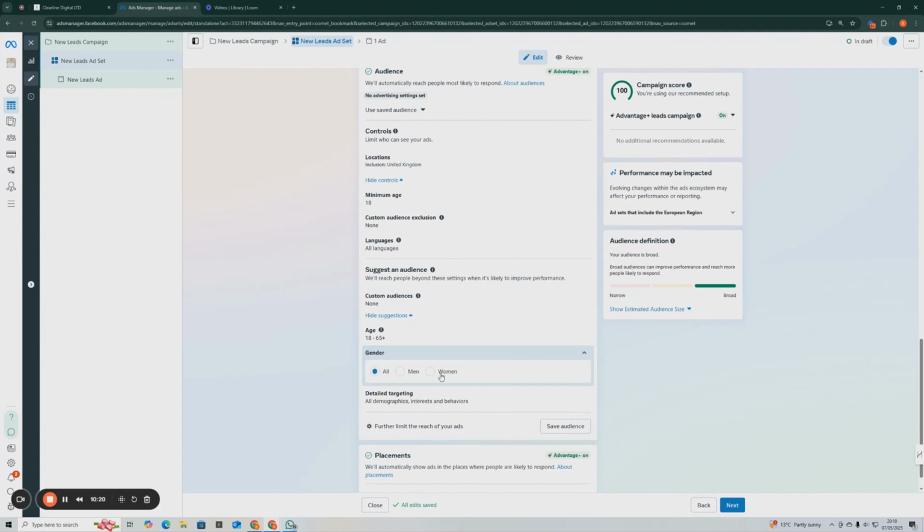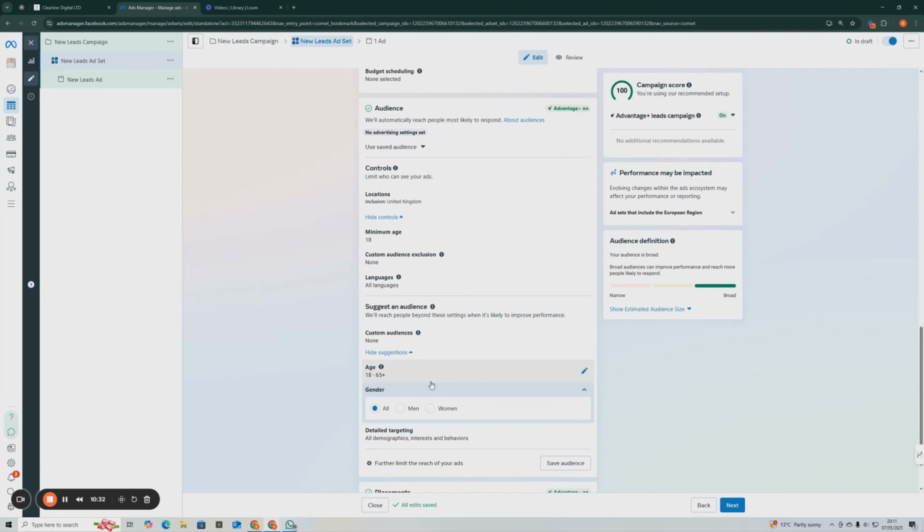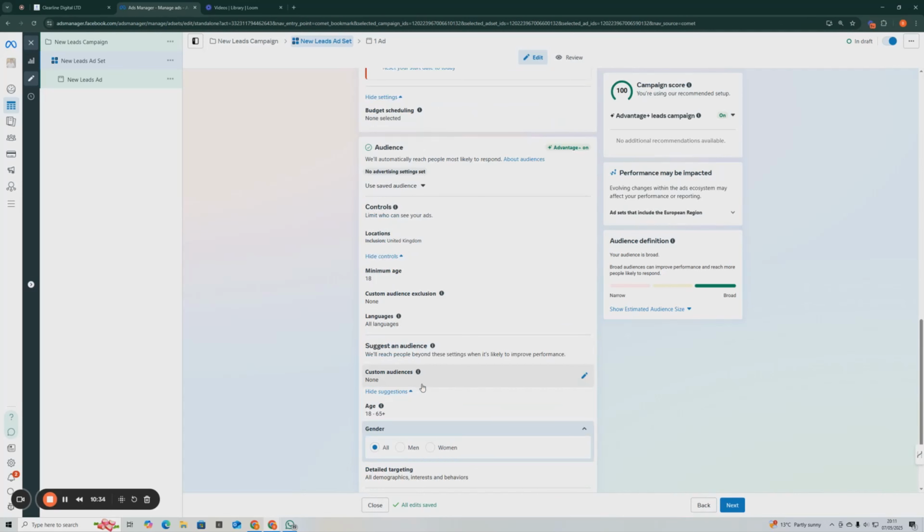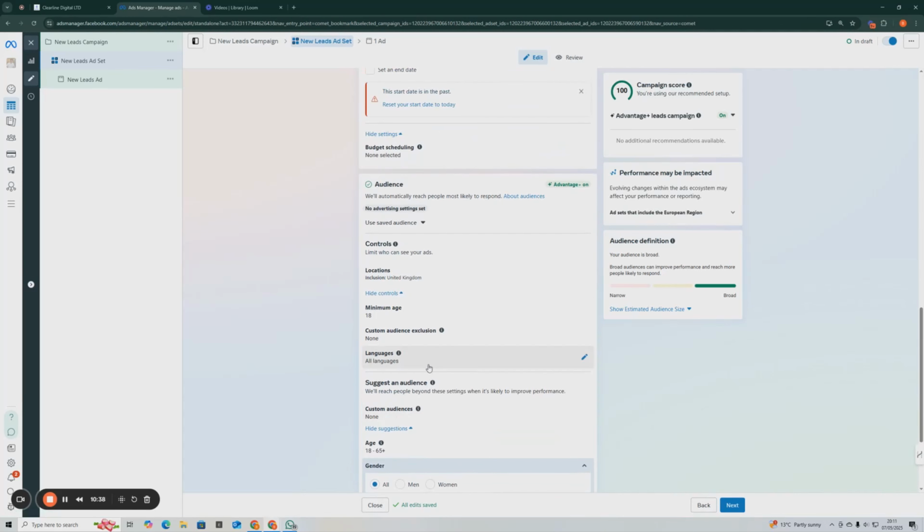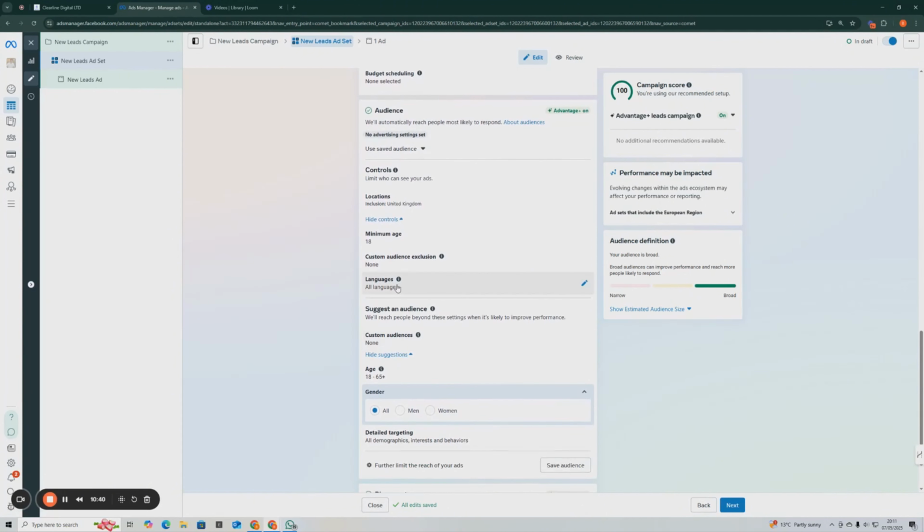For home improvements, generally we find women are the more motivated person to fill in forms, but still about 25-30% of submissions are from men. So we wouldn't want to instantly cut off 30% of our demographic who would buy unless it was unprofitable to do so. But realistically, this is all I change in the audience.